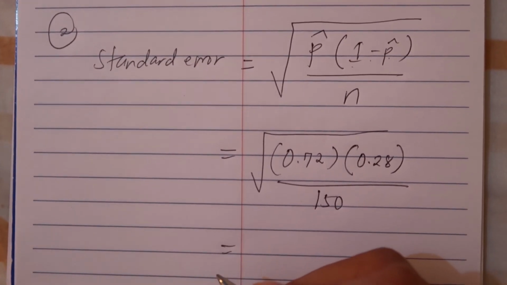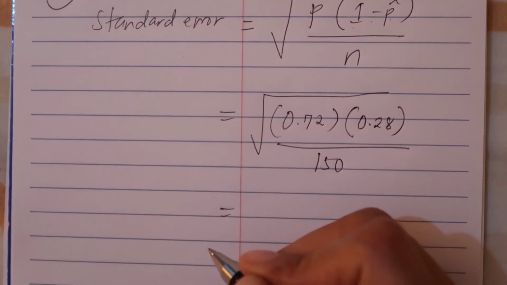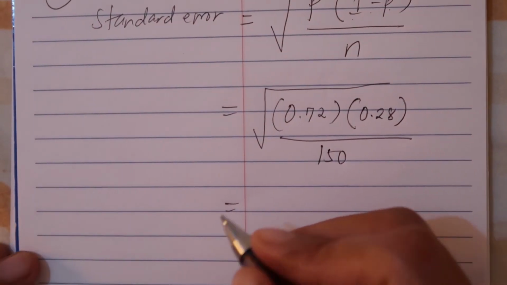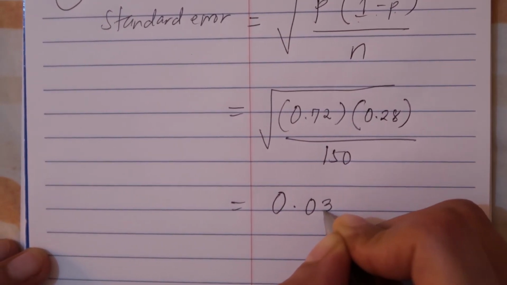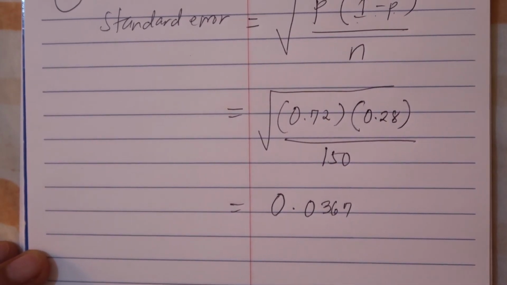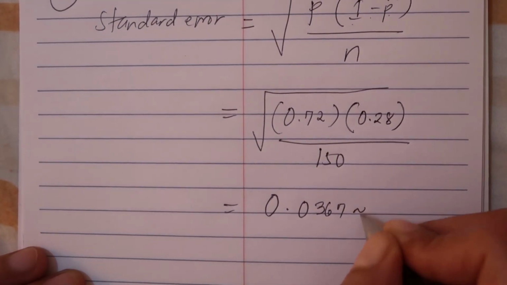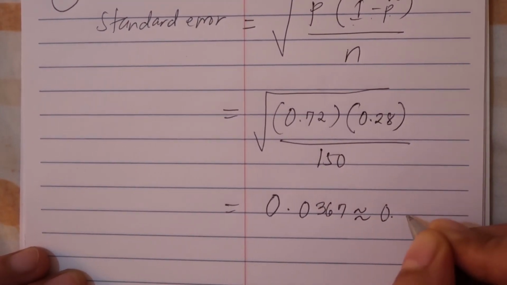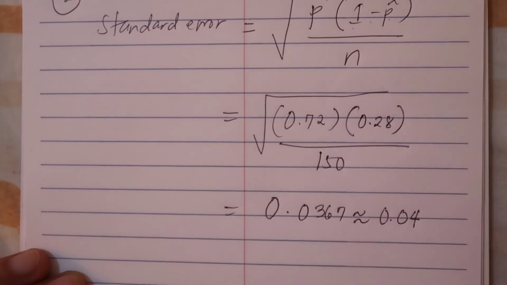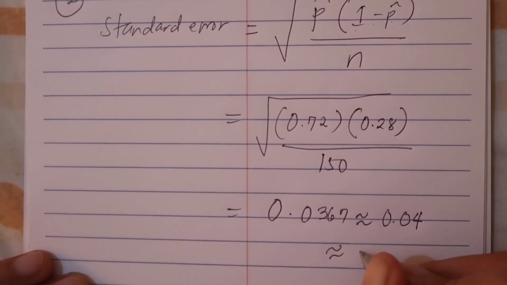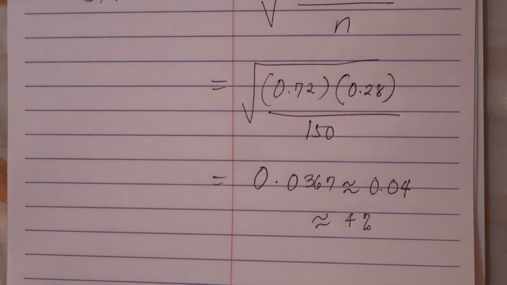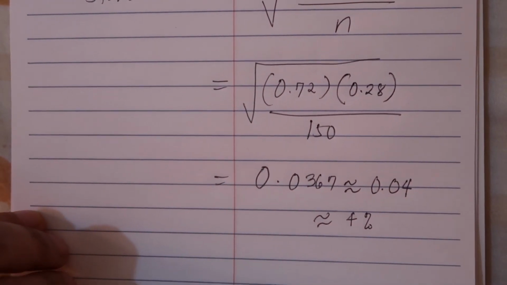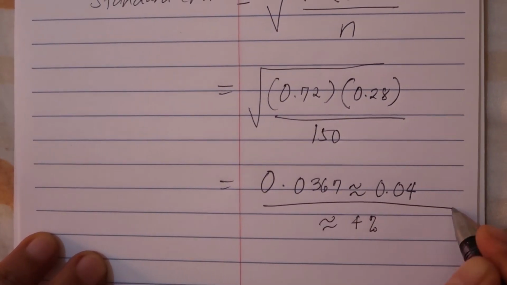So your standard error, or the standard deviation of the sample proportion, is 0.0367, or to 2 decimal places, 0.04, which is equal to 4%.